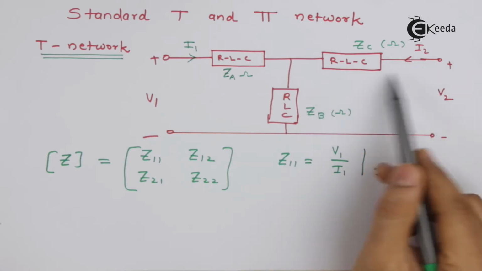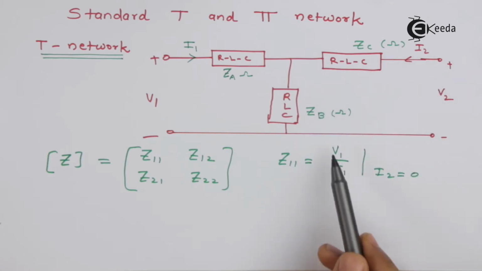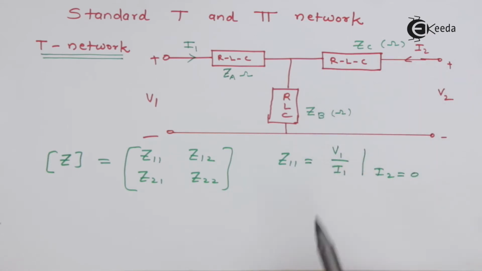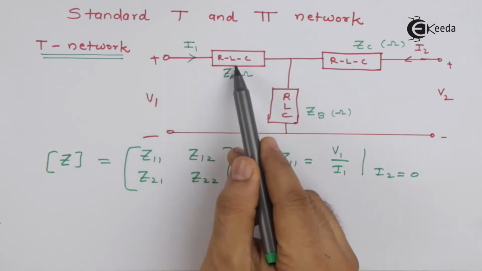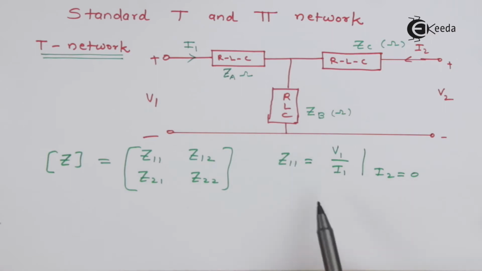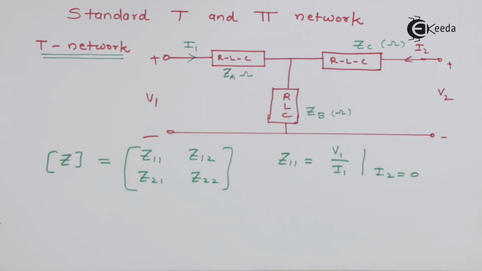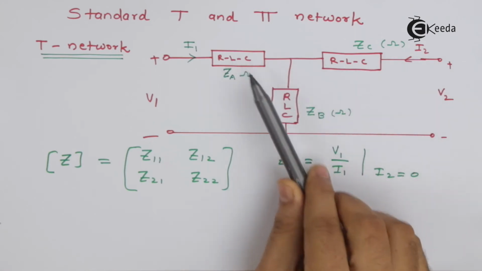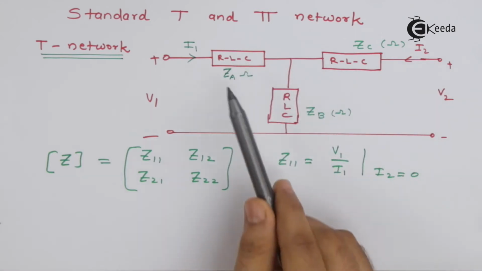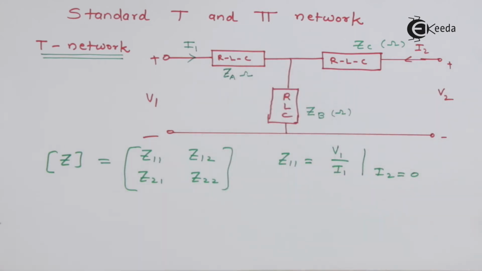This is completely open circuited. So Z11 will be V1 upon I1, that is voltage upon current. If you take that ratio, it will be simply ZA plus ZB because we need impedance, and because this complete wire is not there, the only two impedances are ZA and ZB and they will be in series. So Z11 will be ZA plus ZB.